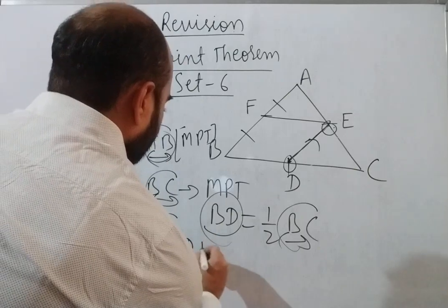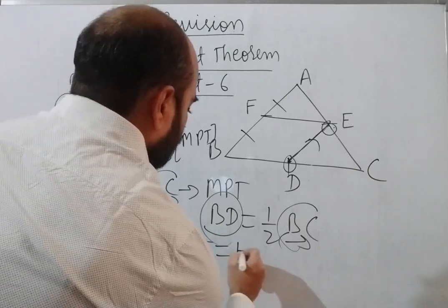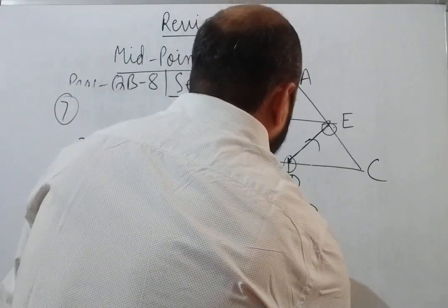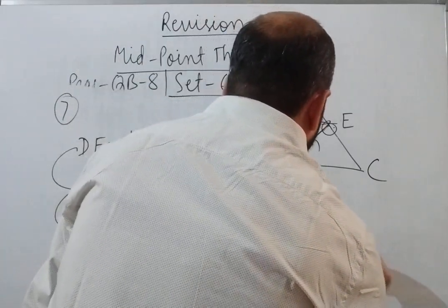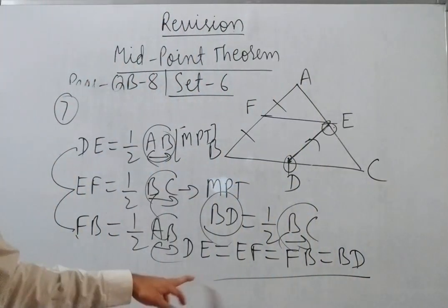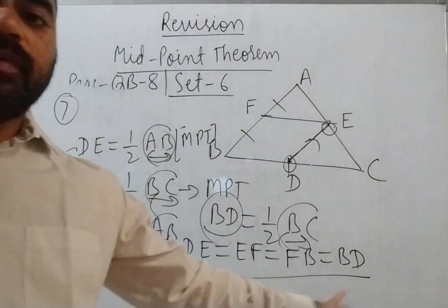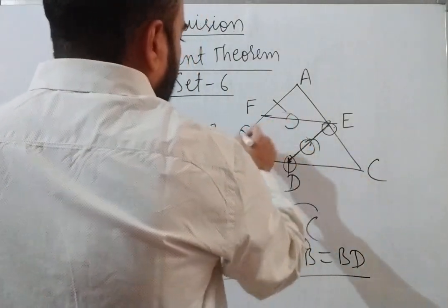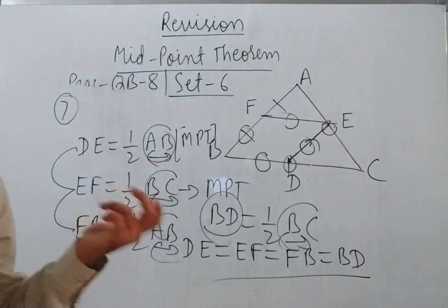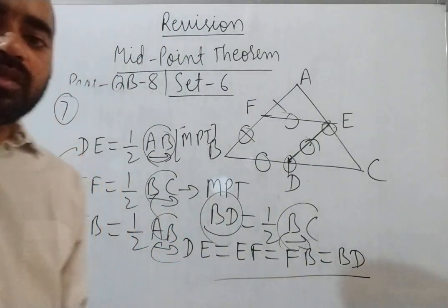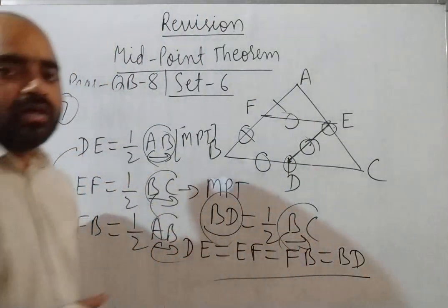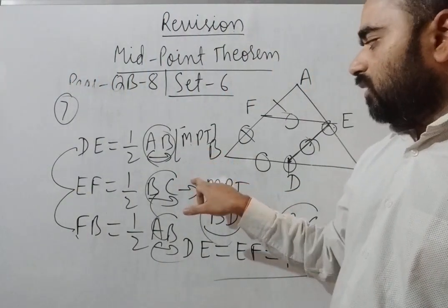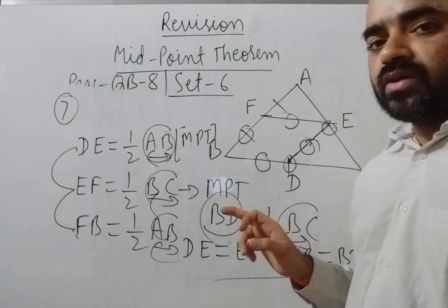DE is equal to EF is equal to FB is equal to BD, or not? Correct? It means all the parts are equal. Now when all the sides are equal, the quadrilateral is a rhombus. Correct? When all the sides are equal, quadrilateral is a rhombus. Correct? Two parts by midpoint theorem and two parts only by the midpoint of the side.